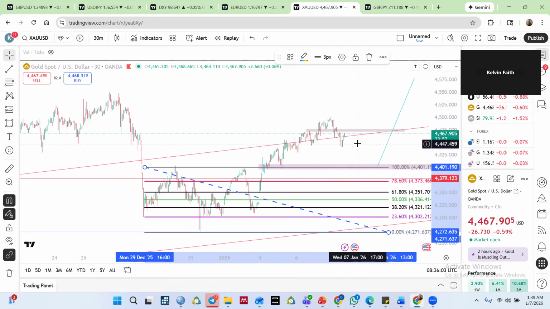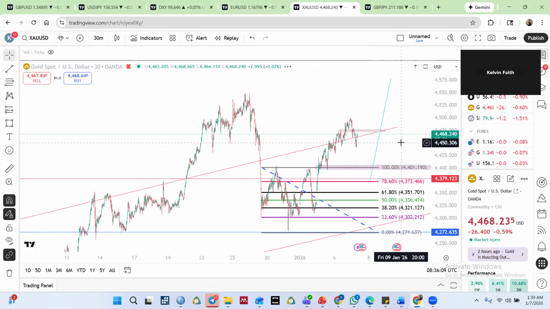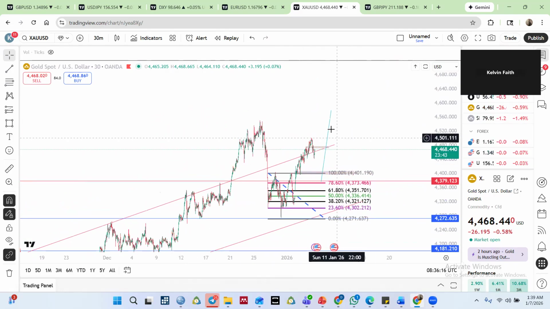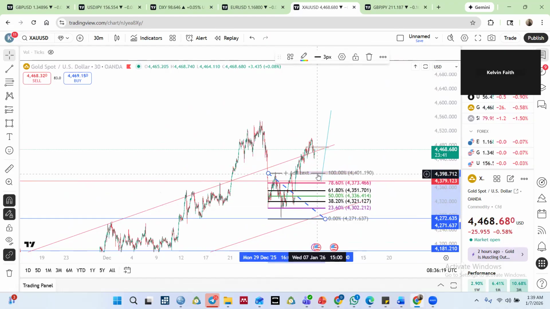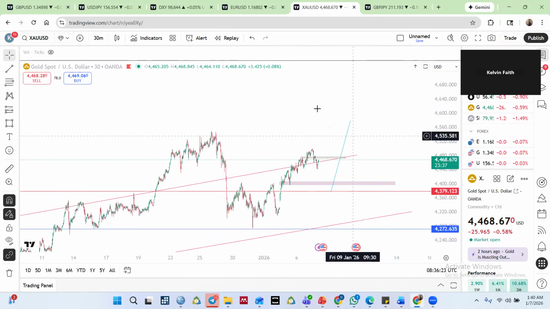So there's a potential in price dropping back into this area before going up again. There's a higher potential in that, the 100% or back into 78.6% before going up. So let's see.